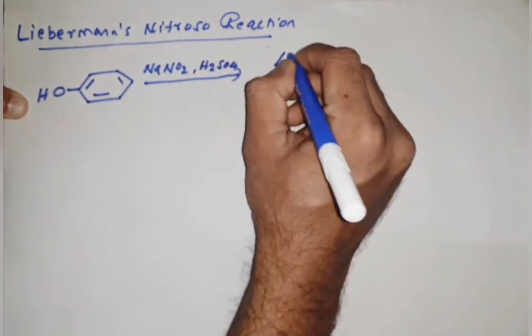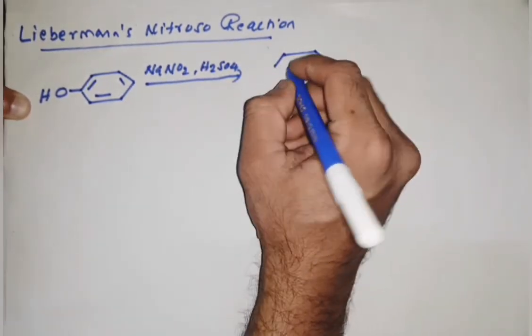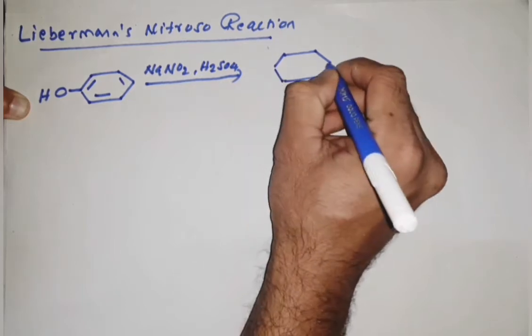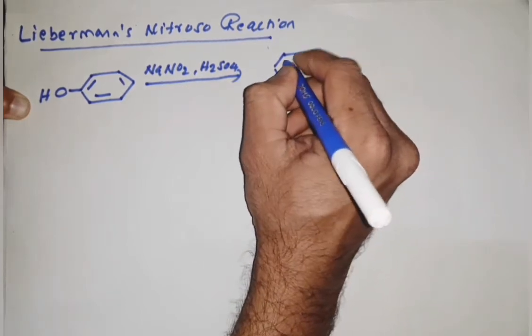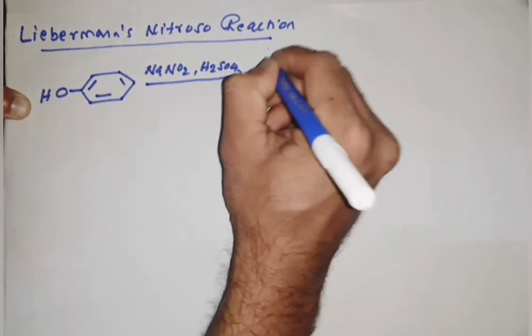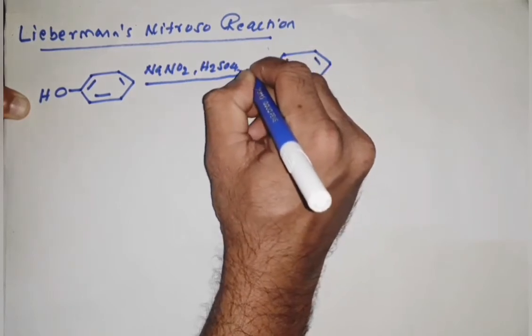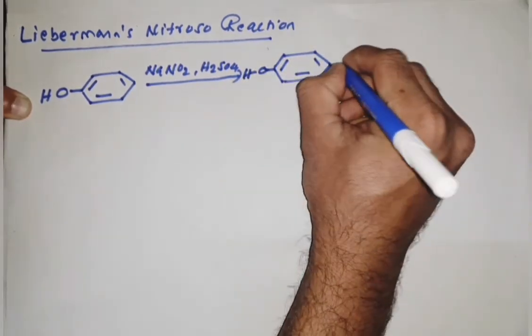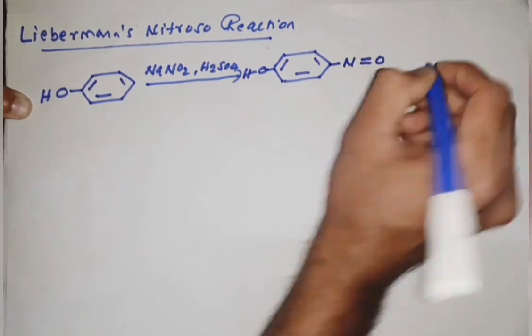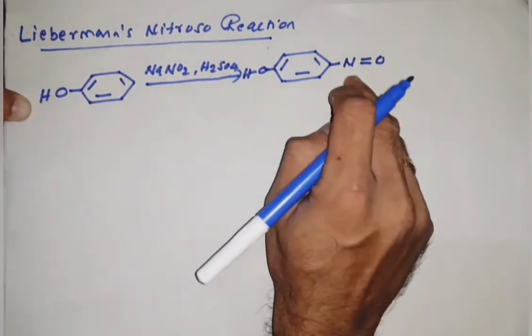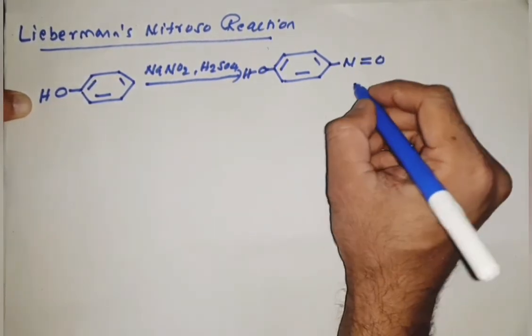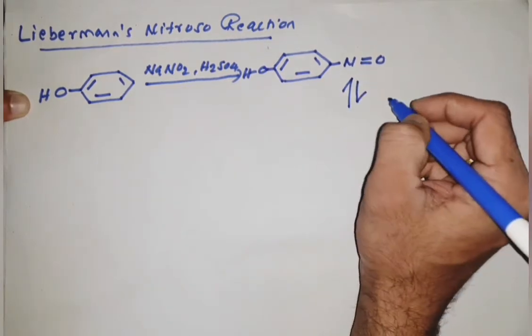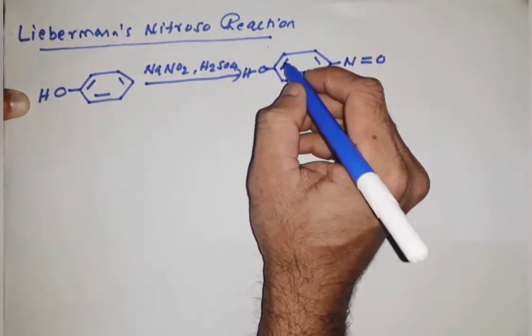It will form para-nitrosophenol. This para-nitrosophenol then tautomerizes to quinone monoxide.